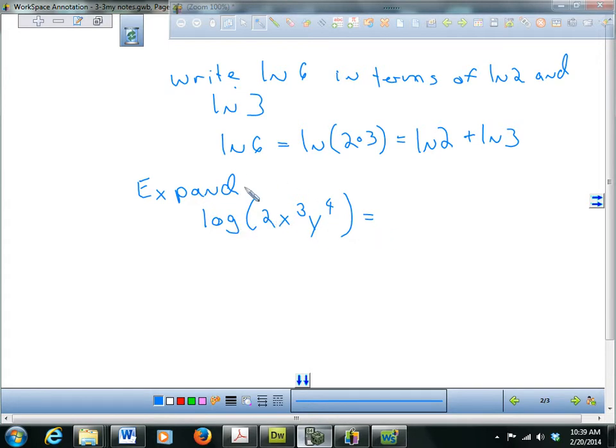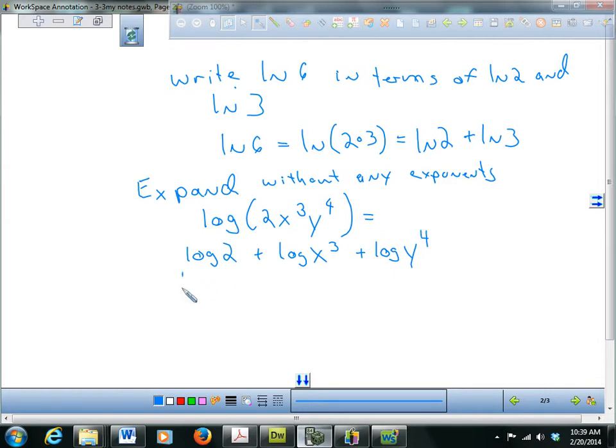Okay? And they'll say expand without any exponents. So you do log of 2 plus log of x to the 3rd plus log of y to the 4th. But then what can I do with these exponents?